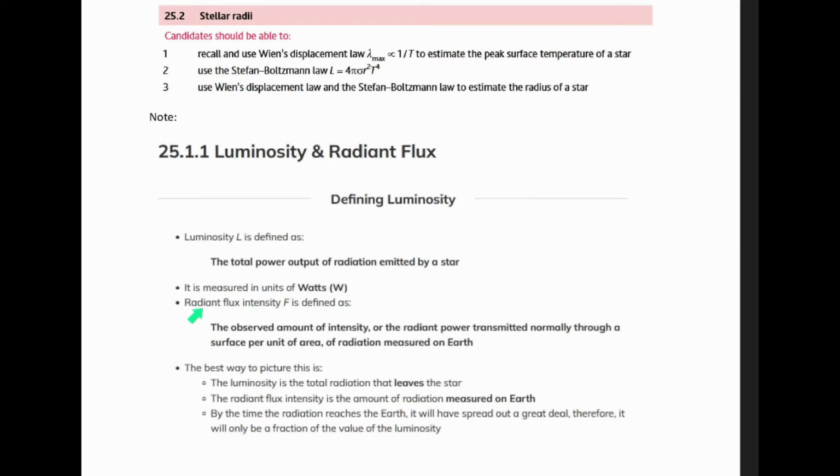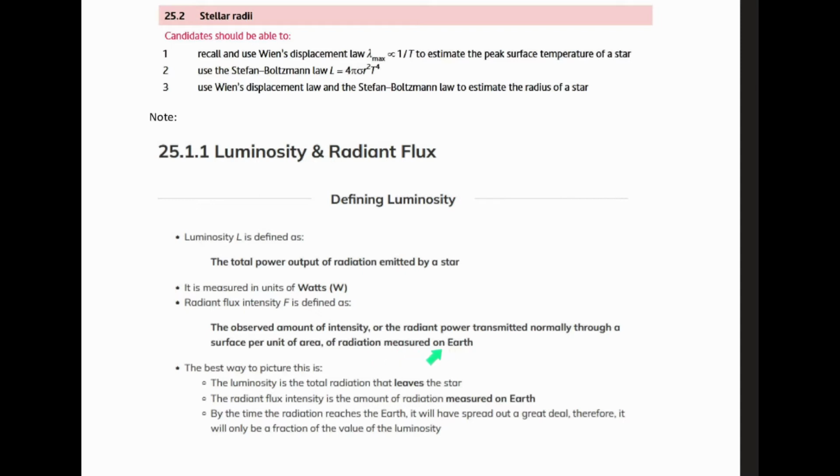And then what is radiant flux intensity? Let's see the definition. The symbol is F. It is the observed amount of intensity, or the radiant power transmitted normally through a surface per unit area, of radiation measured on Earth.